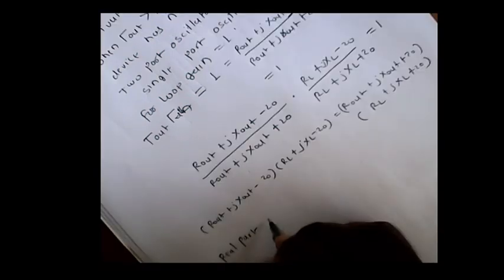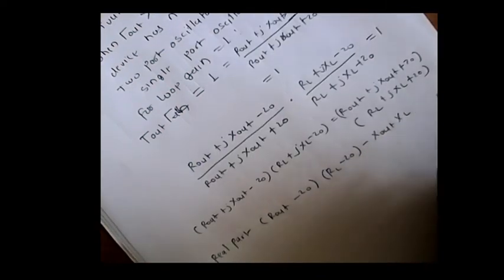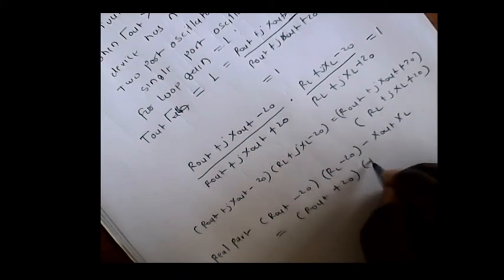So the real part: R out RL minus R out Z naught minus RL Z naught minus X out into XL, plus Z naught square, is equal to R out RL plus R out Z naught plus RL Z naught minus X out into XL plus Z naught square.